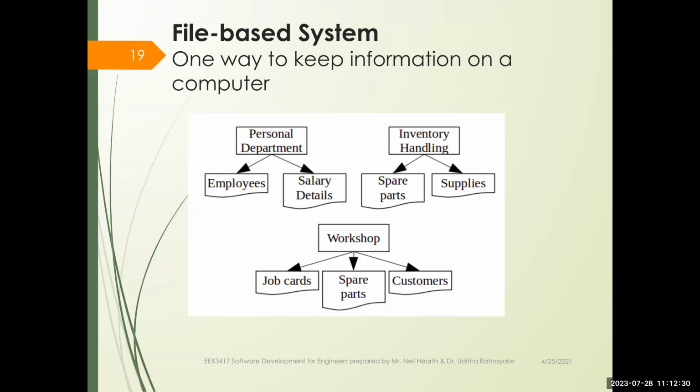At that time, all the data was kept separately, for example the personnel department. Suppose in the Open University, we have several departments: the engineering faculty with several departments, the finance department, the student affairs department, and so on.